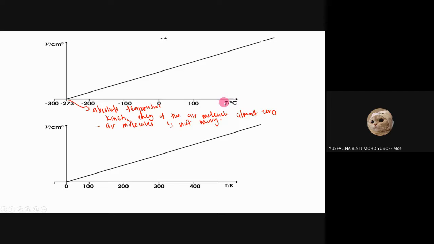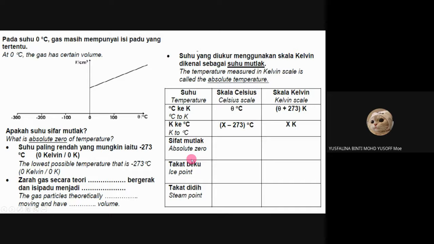If the x-axis is degrees Celsius, the graph is increasing linearly, and for Kelvin it is directly proportional.